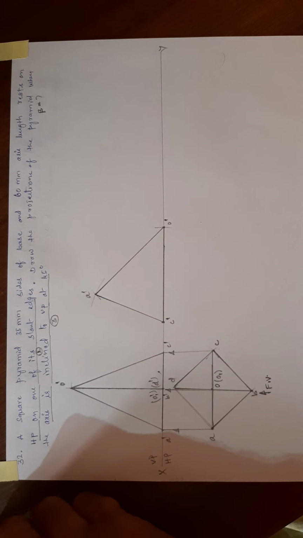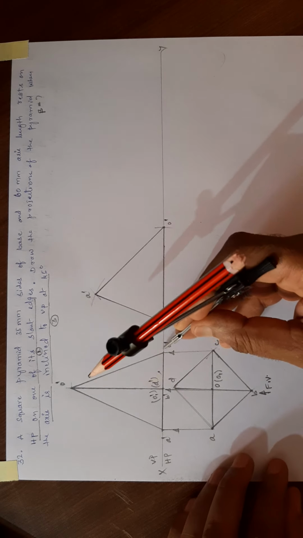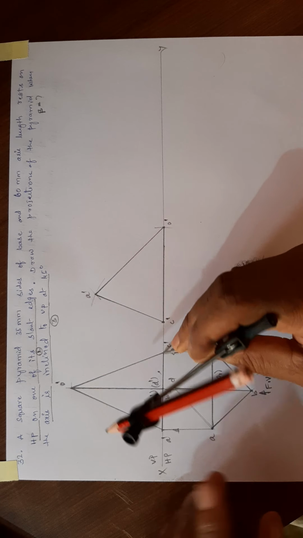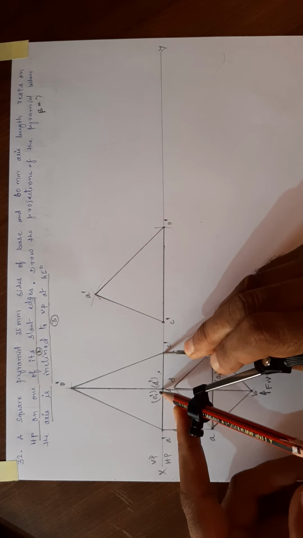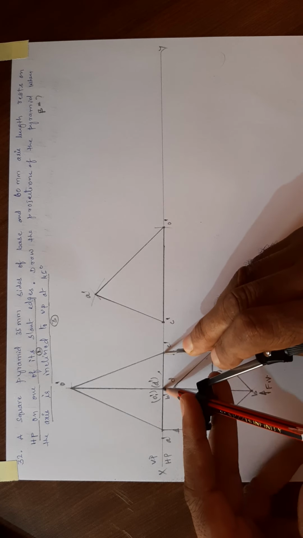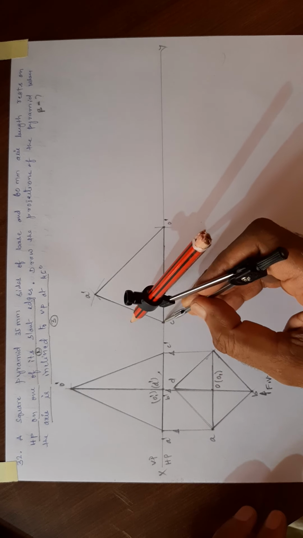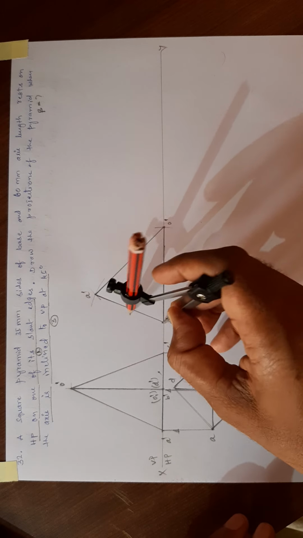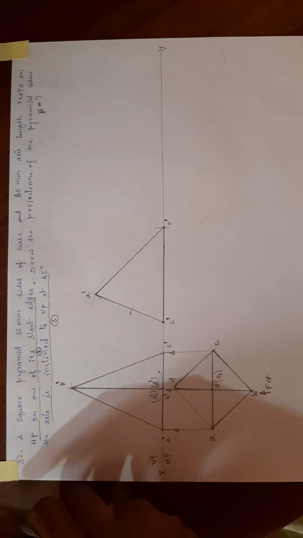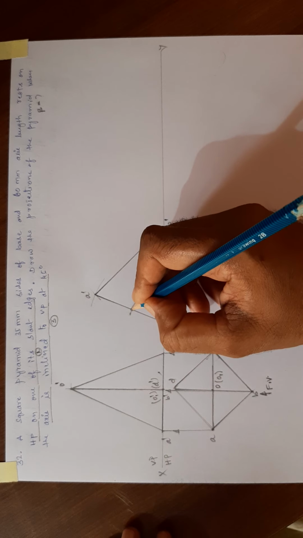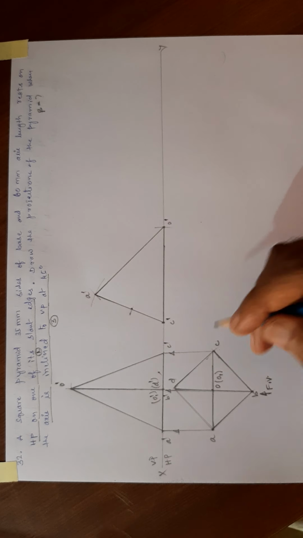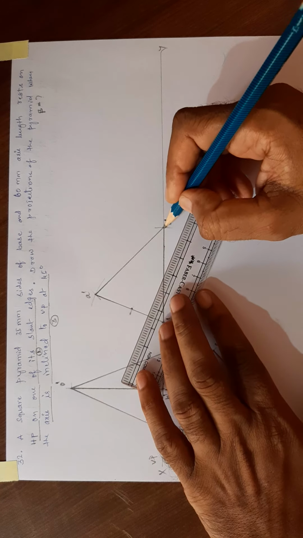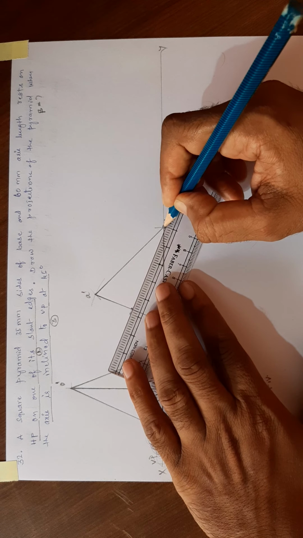Next, the center point you have to get. The center point is the midpoint of the front view. So keeping at C, draw here and cut this trend line. Now that point indicates the axis line. So join with a thick line here.